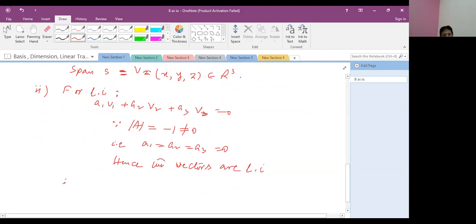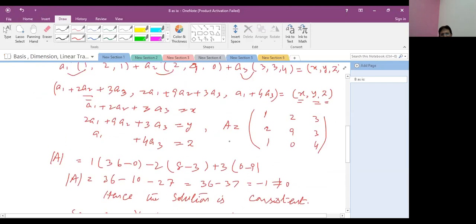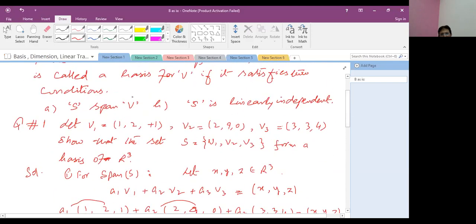So therefore S is equal to {V1, V2, V3} forms a basis of R cube, because student, there are two conditions, and both are satisfied.